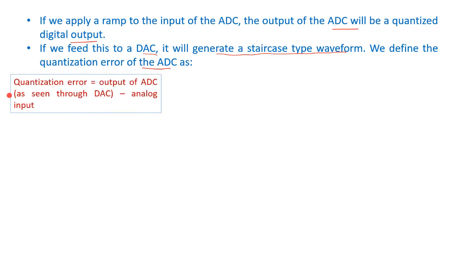Quantization error I can define as the output of the ADC as seen through the DAC minus the analog input, that is the ideal analog input which we are feeding, right. So that will give us the quantization error.